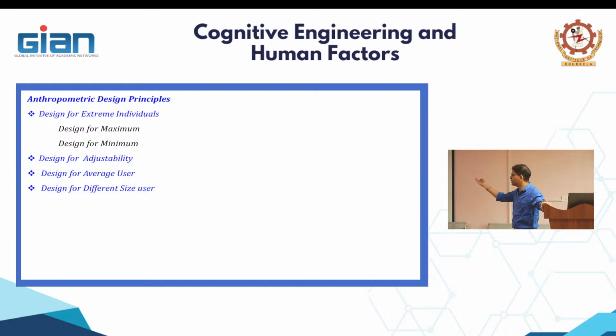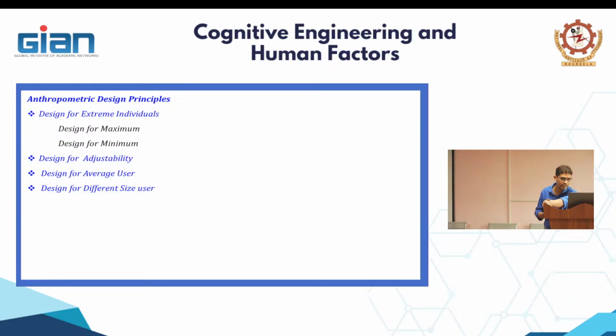So these are some anthropometric design parameters, or principles, based on which we are designing. The first design principle is design for extreme individuals. In design for extreme individuals there are two parameters, design for maximum and design for minimum, correct.